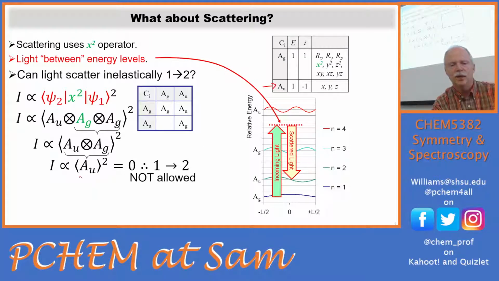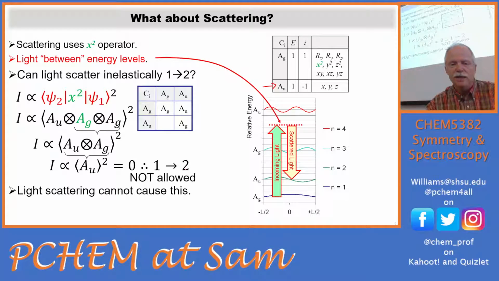So our result is AU. Therefore, this is equal to 0. Therefore, 1 to 2 is not allowed, or forbidden by symmetry. So light scattering cannot cause this molecule or system to jump from level 1 to level 2.